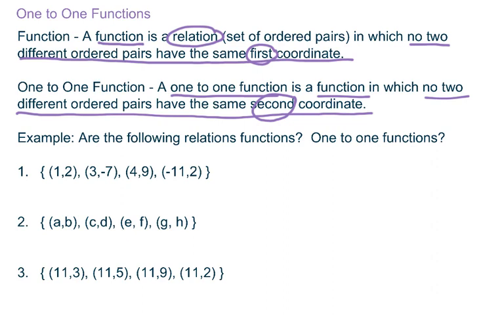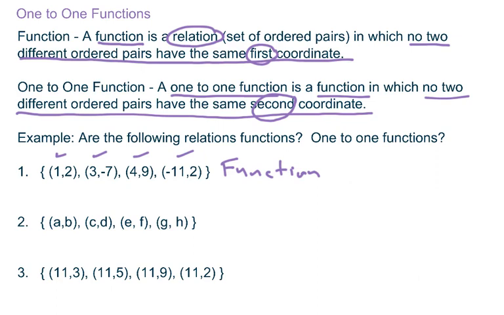So let's look at some examples. These are some relations, sets of ordered pairs. We're going to first of all ask the question, are they functions? And then second of all, are they one-to-one functions? So let's look at number one, first of all. To be a function, no two different ordered pairs can have the same first coordinate. If I look at all of my first coordinates, I notice that they are all different, so this will classify as a function.